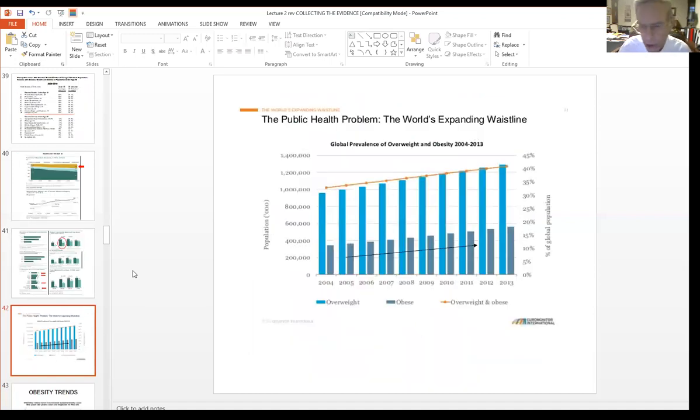Here's another trend that exists all over the world, and that is the growing proportion of people who are either overweight or obese. As you can see, by 2013, almost 20% of people in the world were obese, and over 40% were overweight.